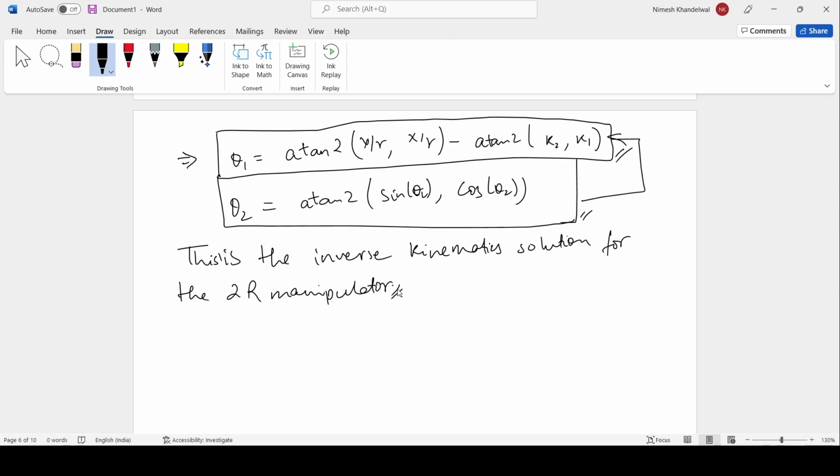I think this will be relevant to whatever assignments you have this week, because they are all related to DH parameters, forward kinematics, inverse kinematics, and also the elimination to get the inverse kinematics solution from the forward kinematics equation.